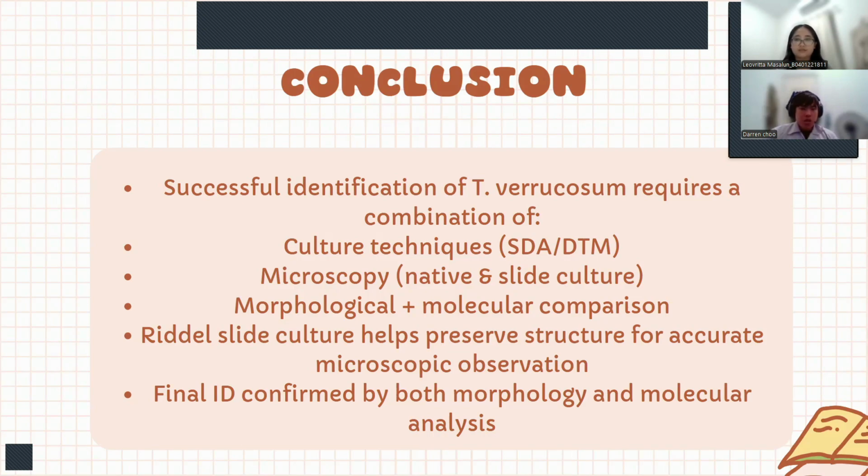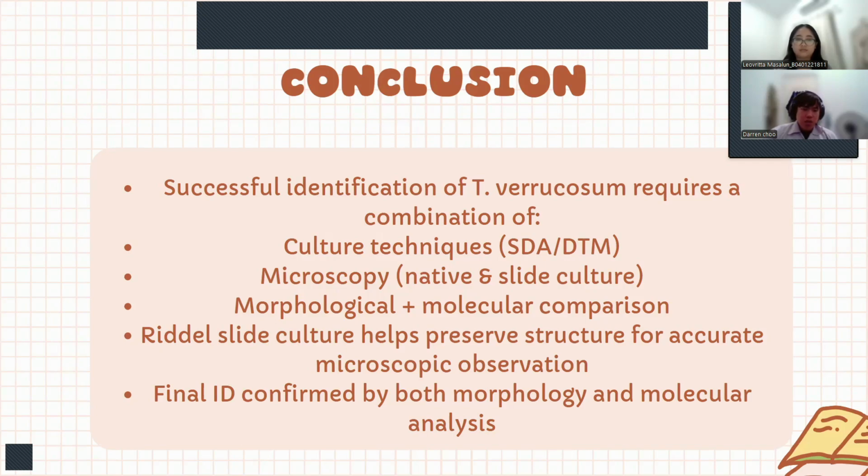In conclusion, accurately identifying Trichophyton verrucosum requires a multi-step process. Culturing the sample gives us initial growth characteristics, while microscopic exams, both direct and via slide culture, reveal defining features of the fungi.